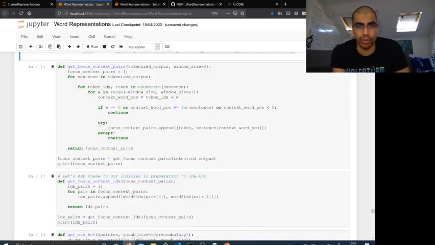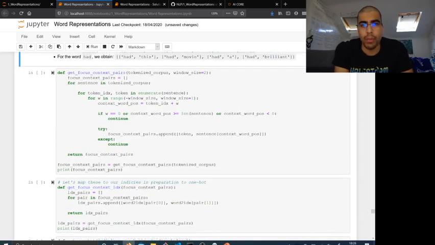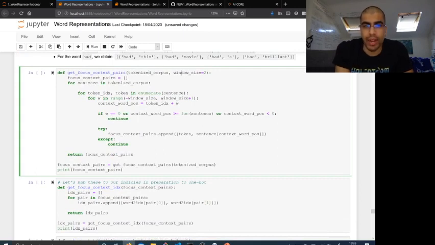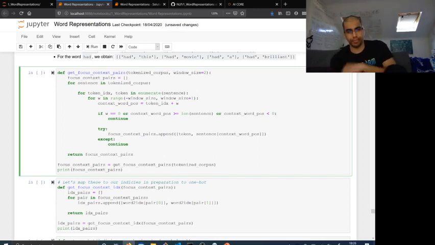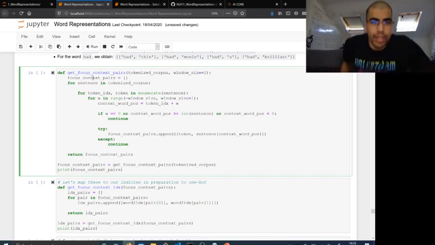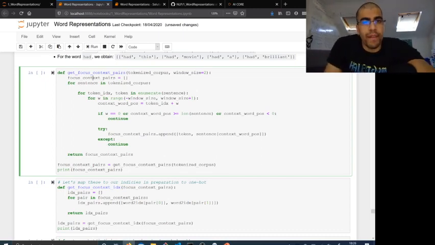And this is the function which will do that. We take in our tokenized corpus and we define our window size, and we initialize a list which will contain all the training pairs. For every sentence in our tokenized corpus, we enumerate over that sentence, taking the token and the token index.